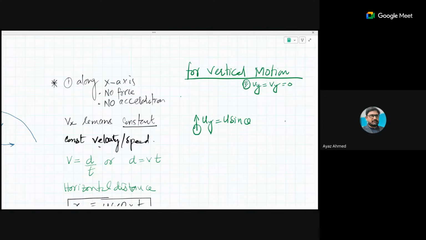And then again, when the projectile is dropped back, it has a vertical velocity vy, which is equal to v sine theta.